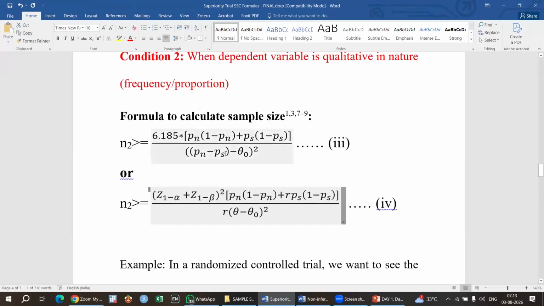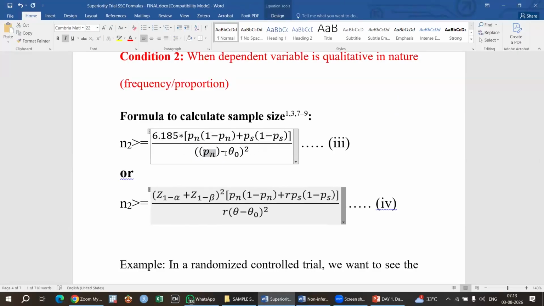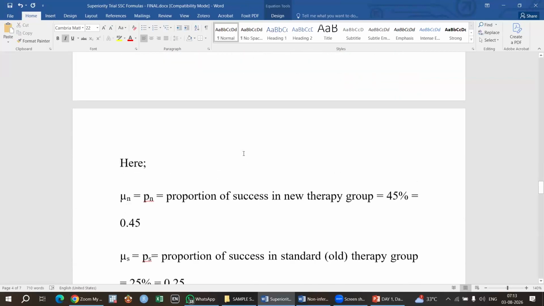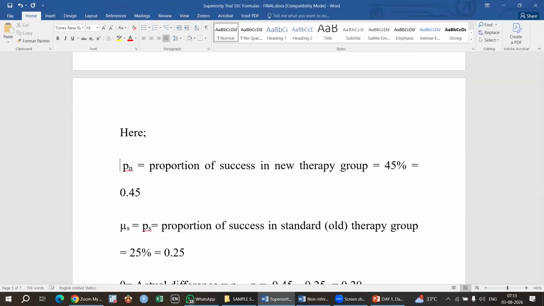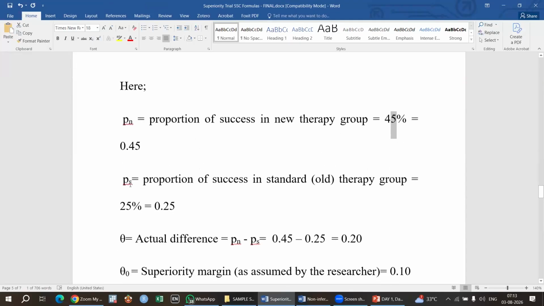So here we can write 0.20. Suppose Pn is 45%, 0.45, and Ps is 25%, so 0.25. 0.45 minus 0.25 gives the actual difference of 0.20.